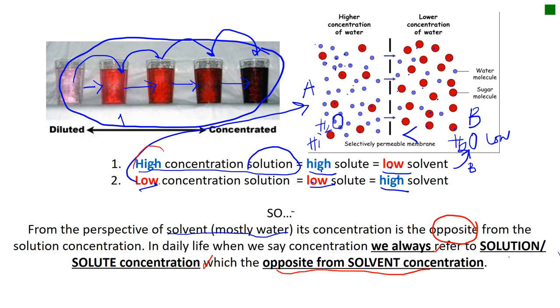Again, high concentration of solution means high concentration of solute. That means the solution has low solvent. You can see here the water molecule amount is very low, while a low concentration solution has a low solute amount but a high solvent amount, which is the water. I hope you understand this concept.